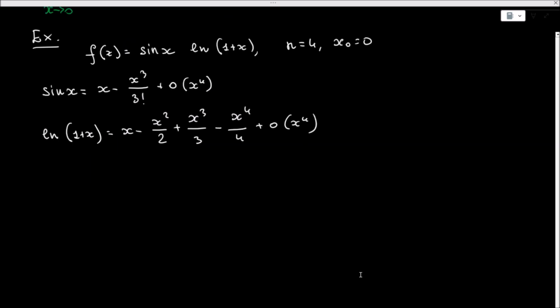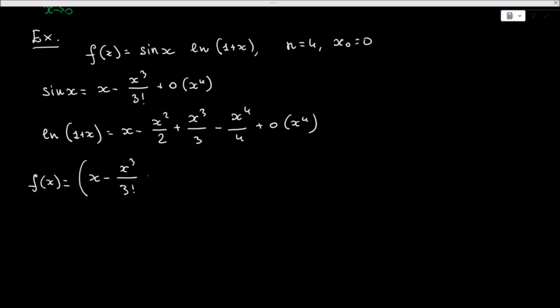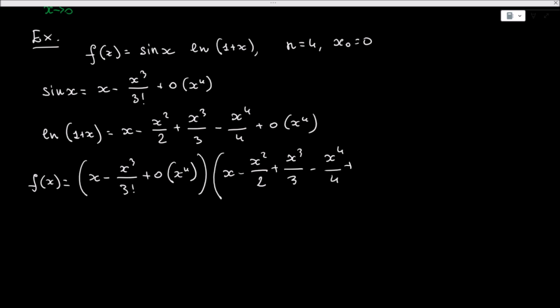So we have f of x equal to x minus x to the cube divided by 3 factorial plus little o of x to the 4, times x minus x squared divided by 2 plus x to the cube divided by 3 minus x to the 4 divided by 4 plus little o of x to the 4.